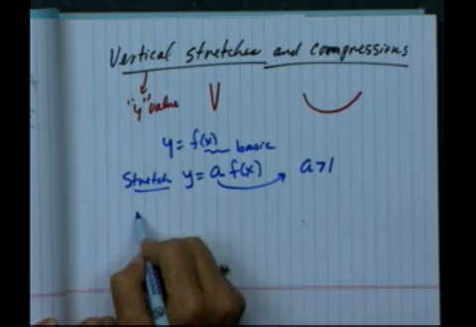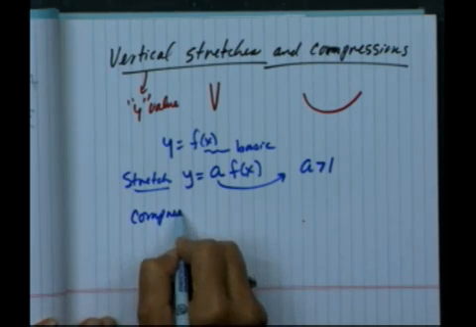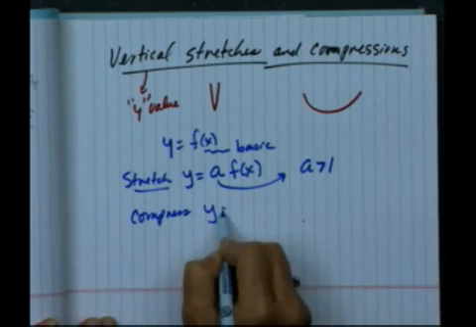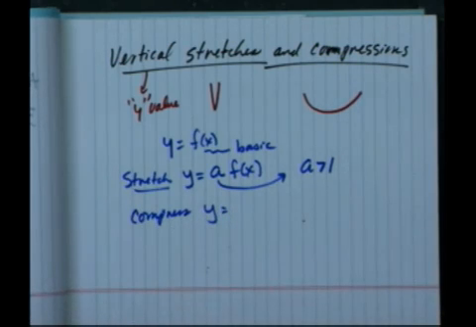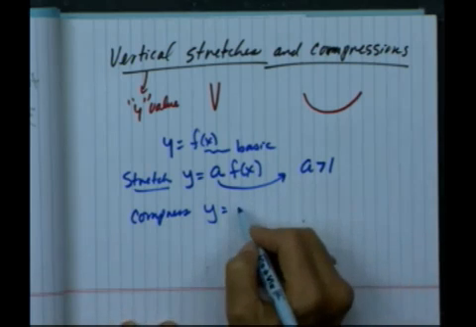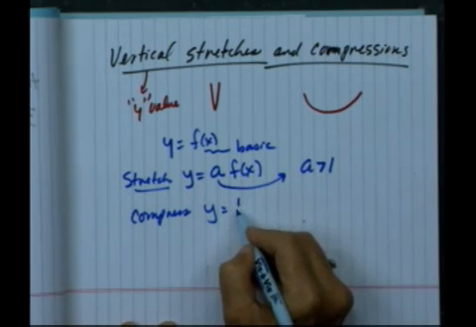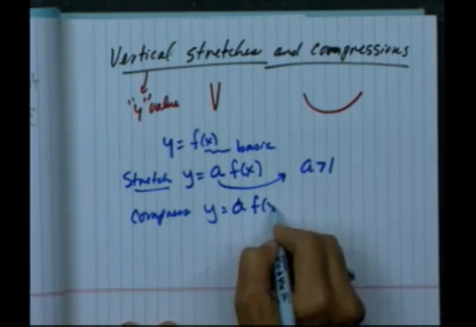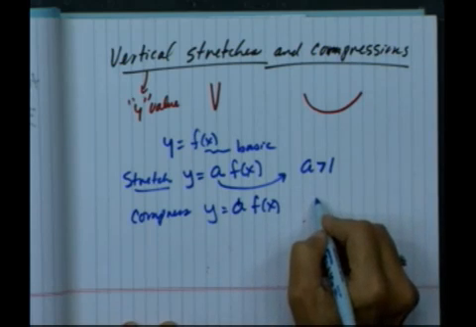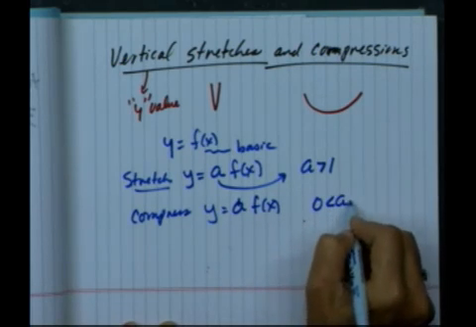Now, what do you bet happens when you want to compress your function? You could write it as a times f of x, where a is a fraction between 0 and 1.